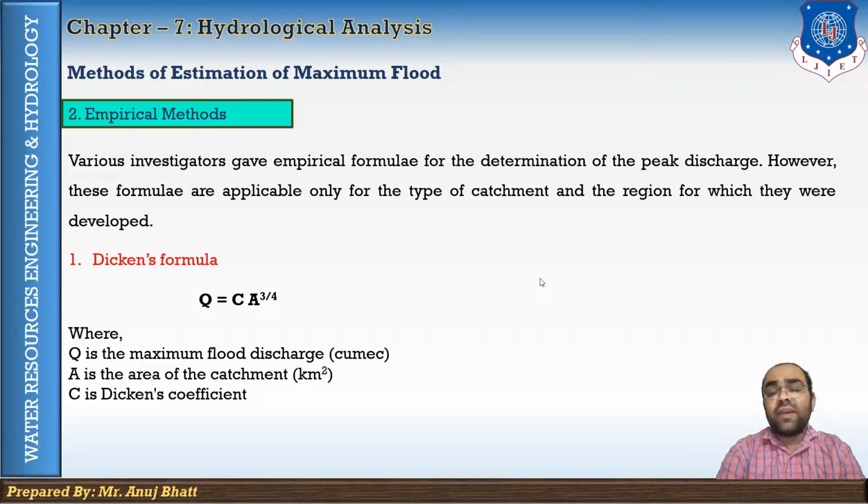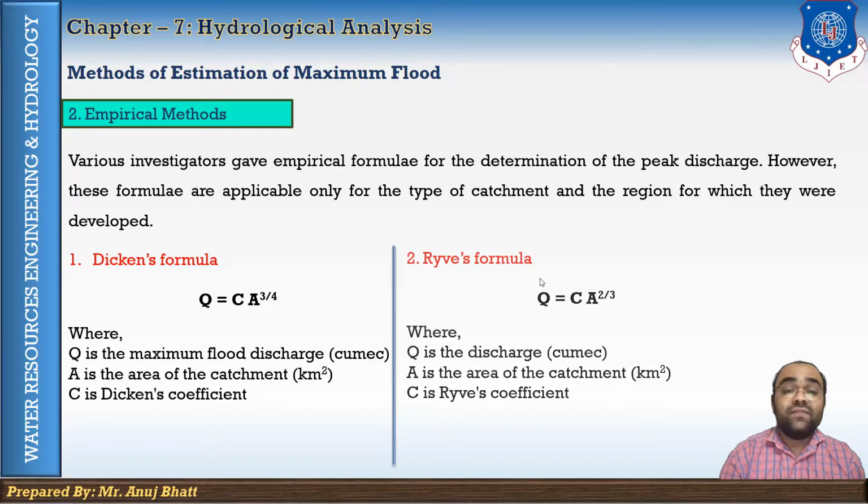The maximum observed value of the coefficient C is around 35, and the value of C should be selected based on local experience. So the Dicken's coefficient may vary. The formula is occasionally used for catchments of moderate size. The second is the WREH's formula.